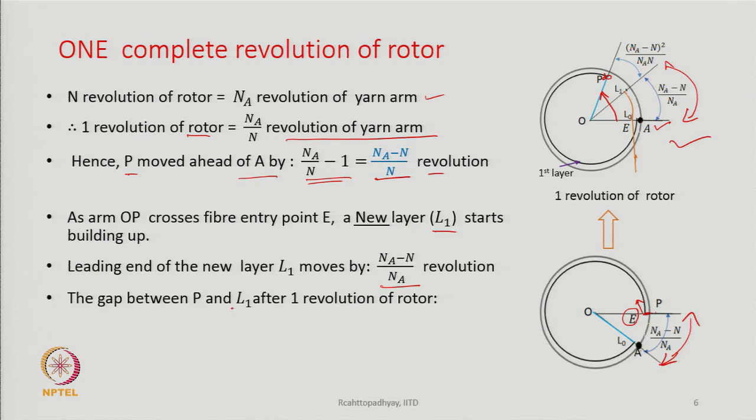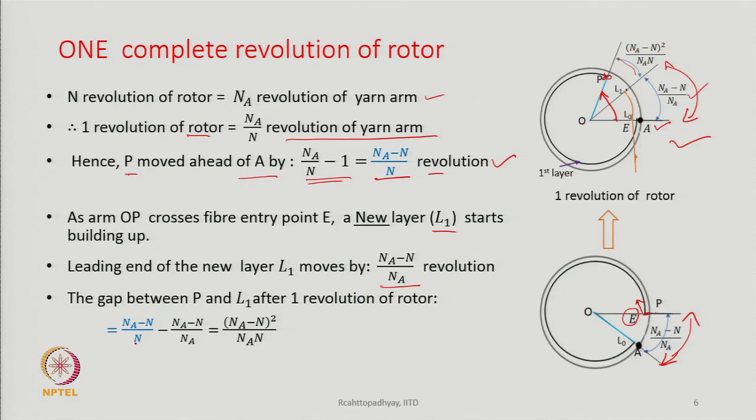So, the gap between P and L1, now we are interested to know this gap, P and L1. This will be the total, this value from here to there minus this one. The total is how much? P is ahead of A by this, and L1 is ahead of A by this value.